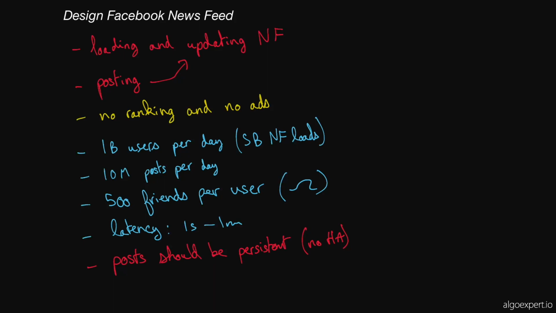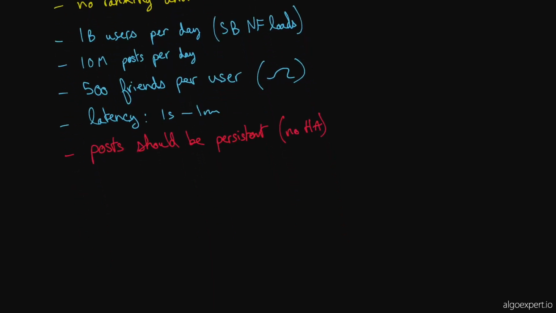But these two core user actions are very much related. If I give myself some space here, I'll go to the very bottom of my canvas. You can imagine that we have two actions. We have create post.